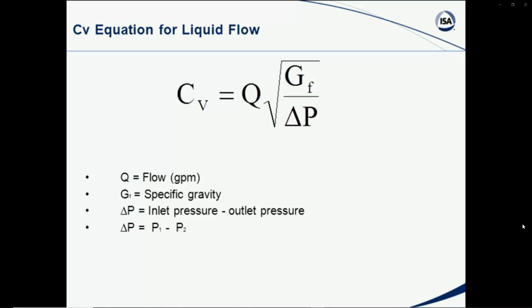It is a variable restriction in the line, and the same principles of differential pressure and square root relationships still apply to the control valve. So you can see that the flow coefficient you need is directly proportional to the flow rate, directly proportional to the specific gravity, and inversely proportional to the pressure drop that is available or given to the valve. But this is your generic C sub V equation for liquid flow.